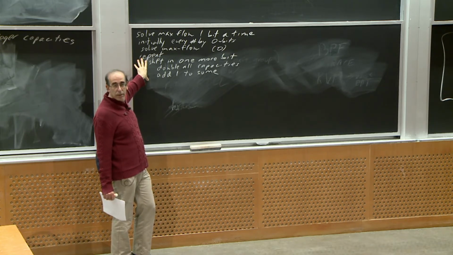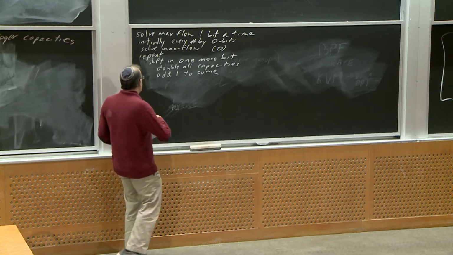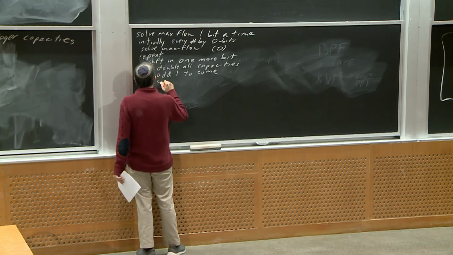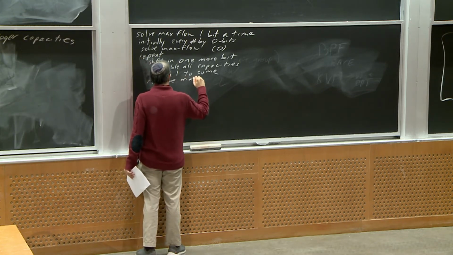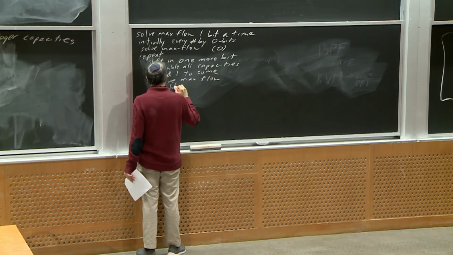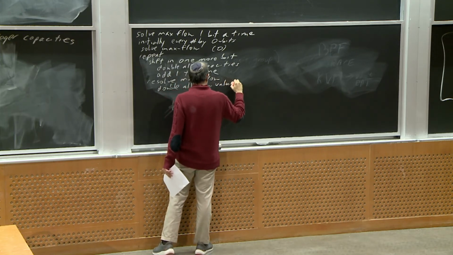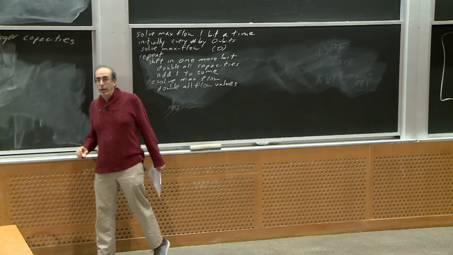Well, when you double everything, you can just double the flow that you're sending. Exactly. So we're just going to double all the flow values. And that's a great starting point.